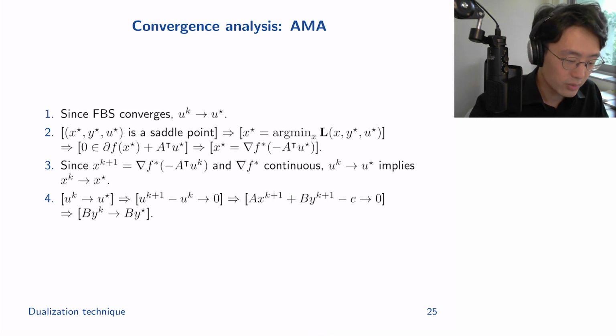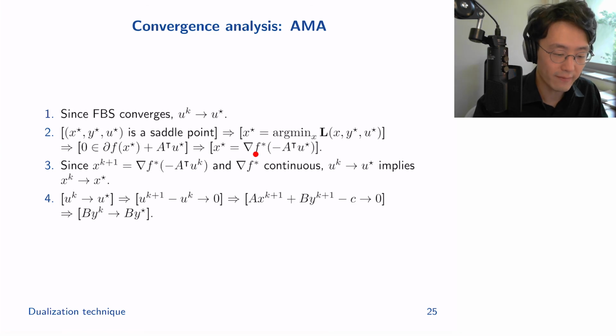And then we put A transpose u star on the left-hand side, minus A transpose u star, and then apply the inverse of partial f. But in this case, f is assumed to be strongly convex, which means f star is L smooth. So instead of writing partial f star, we can just write gradient f star. So x star is gradient f star composed with minus A transpose u star.